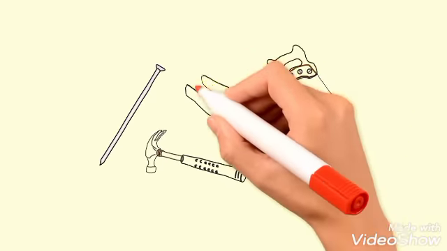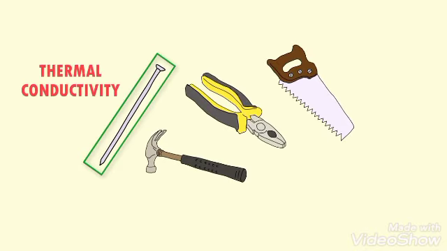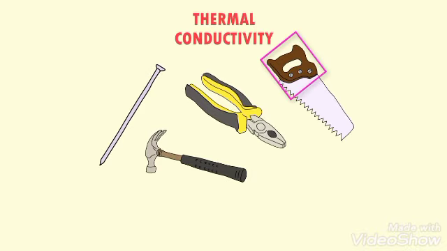Let's consider these objects. This object is made up of iron, so its thermal conductivity would be large, while the handle of this object is made up of plastic or wood, and plastic and wood are insulators. Hence, thermal conductivity or heat conduction would be minimum in them.